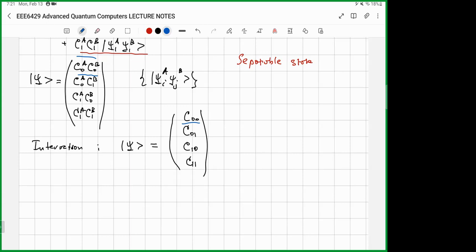Because of this interaction, one depends on the state of the other one.